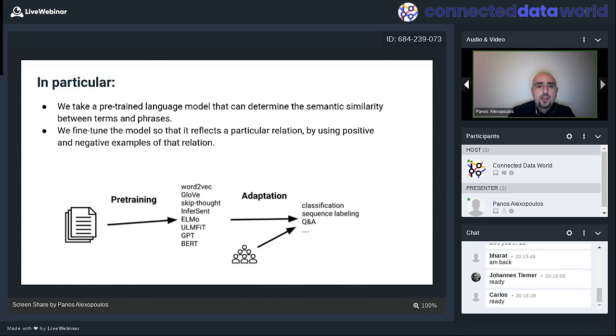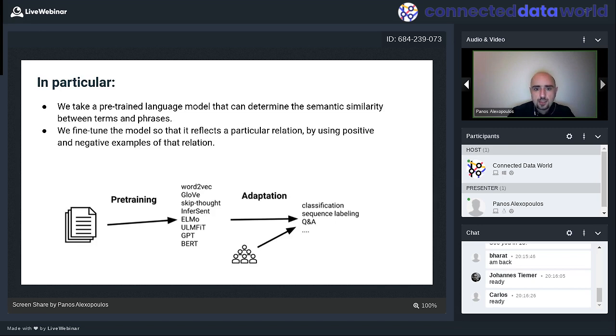So language models are generally models that are trained to predict the next word given a sequence. So it's about sequence mining. And what they do when they are trained in an unsupervised way is that they map particular words and sentences into vectors, into embeddings, as they are called, into real numbers.